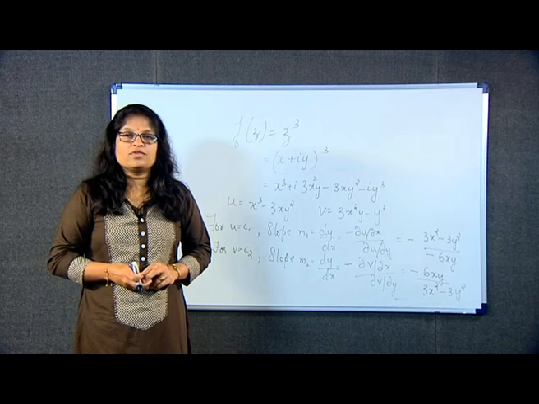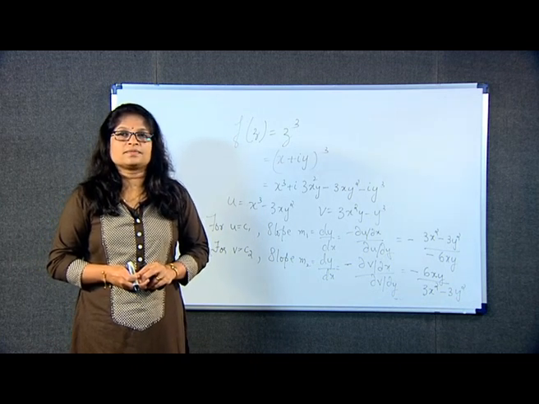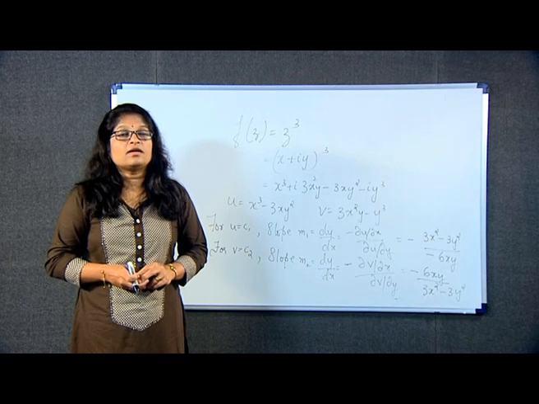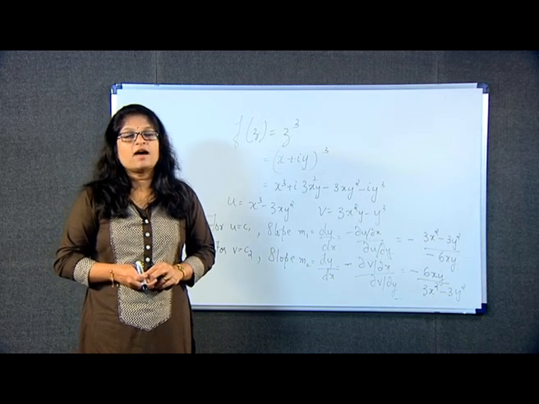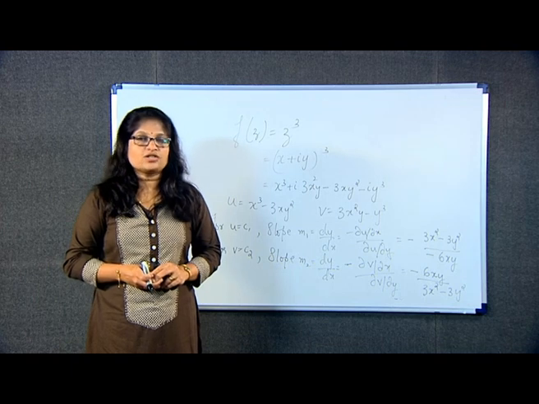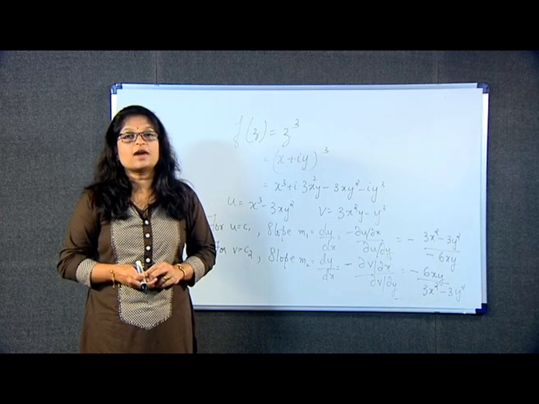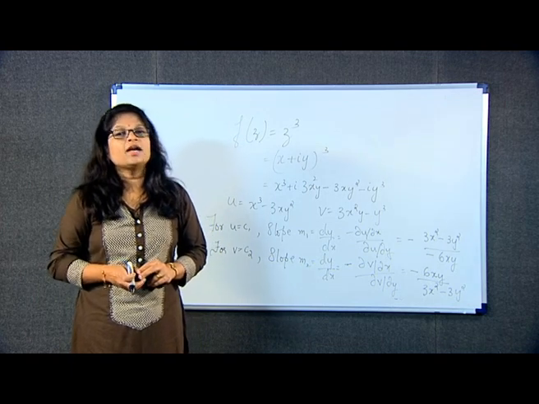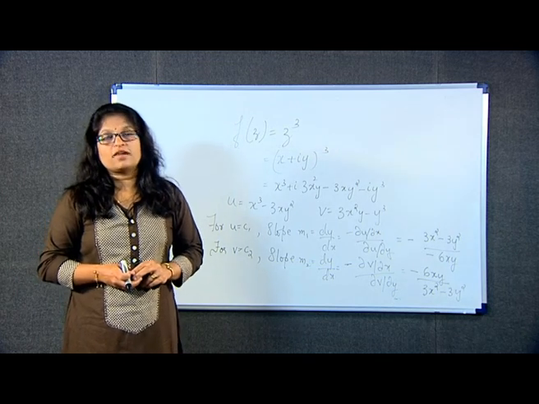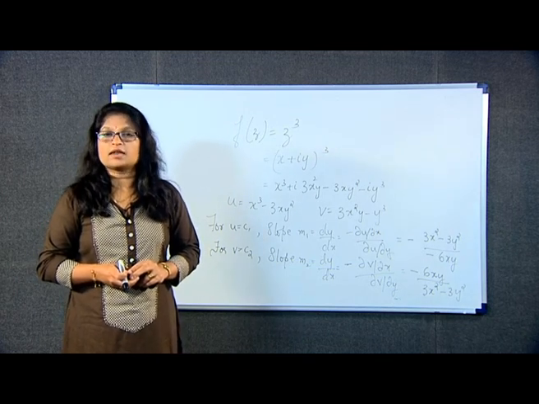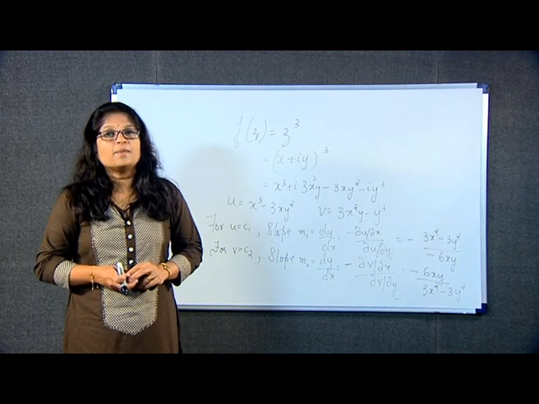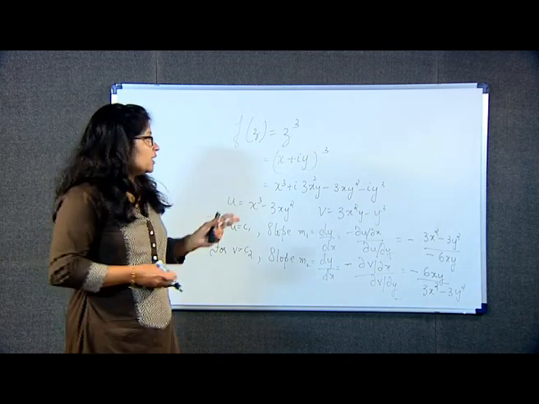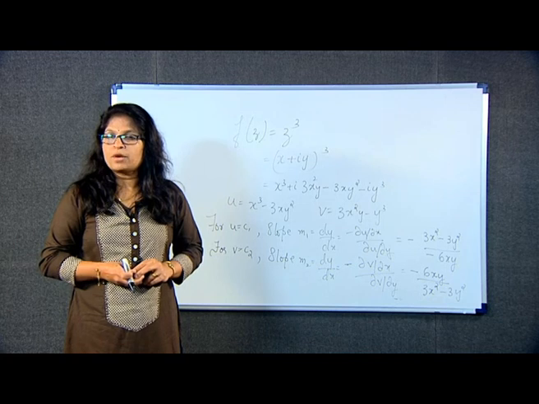So, what all things have you learned in this session? We started with finding the analytic function f(z) if the real or the imaginary part is given in the polar form. We have seen that Milne-Thomson's method cannot be applied in this case, because here you have to use only the analytic property.